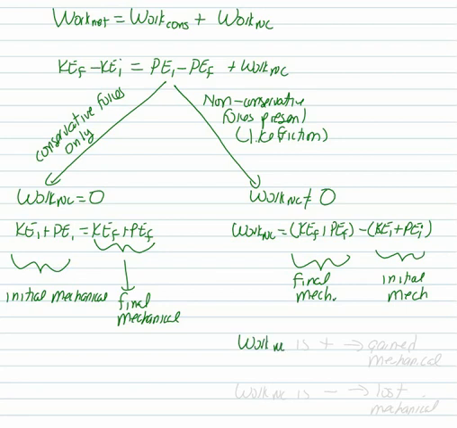If work NC is positive, the system gained mechanical energy. If work NC is negative, you lost mechanical energy. You cannot lose total energy, but you can lose mechanical energy.